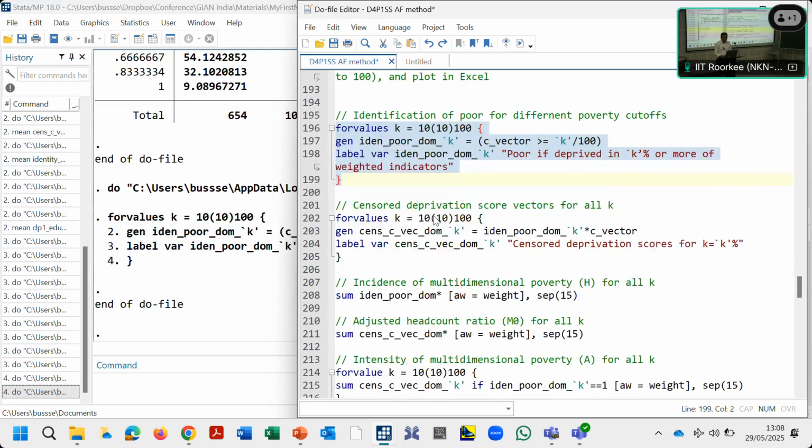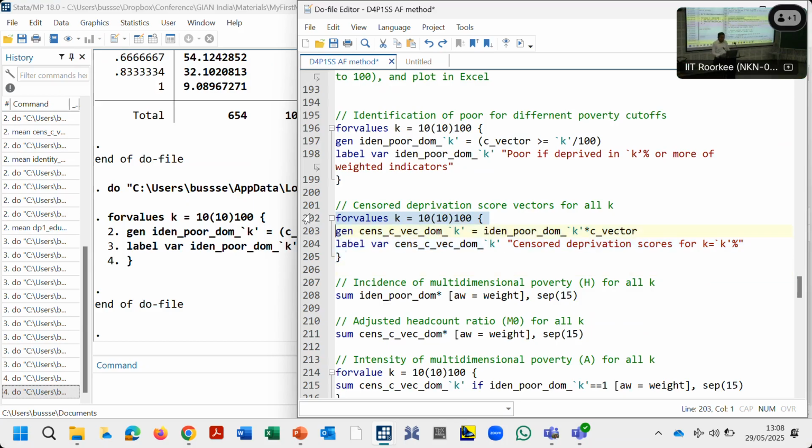And then similarly, this is where you generate the censored deprivation score. For 10, 20, and so on, you multiply the C vector by that identification, as we have done the 0, 1 identification.